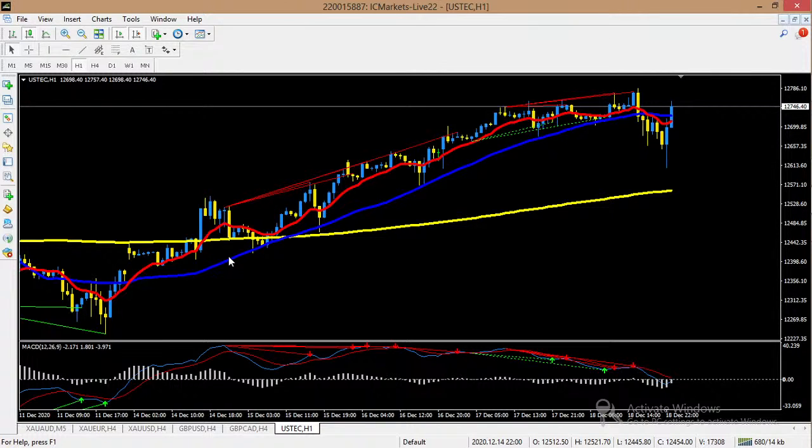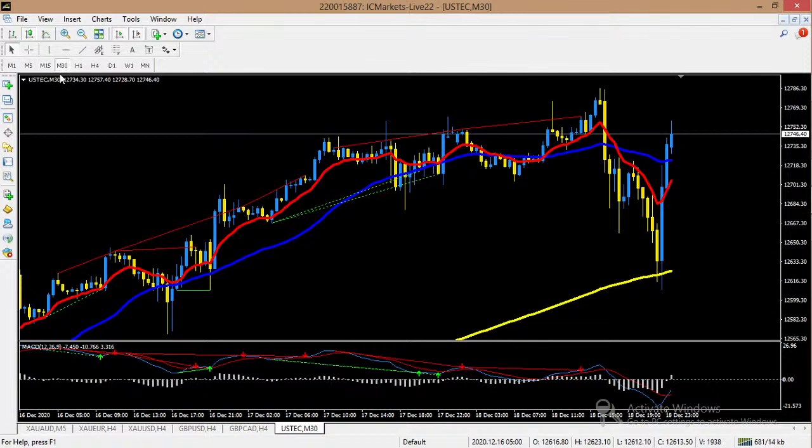But instead of using 1 hour time frame, you can choose to moderate the entries with smaller time frames. So this is what the 34 moving average does, what the 300 linear weighted moving average does.